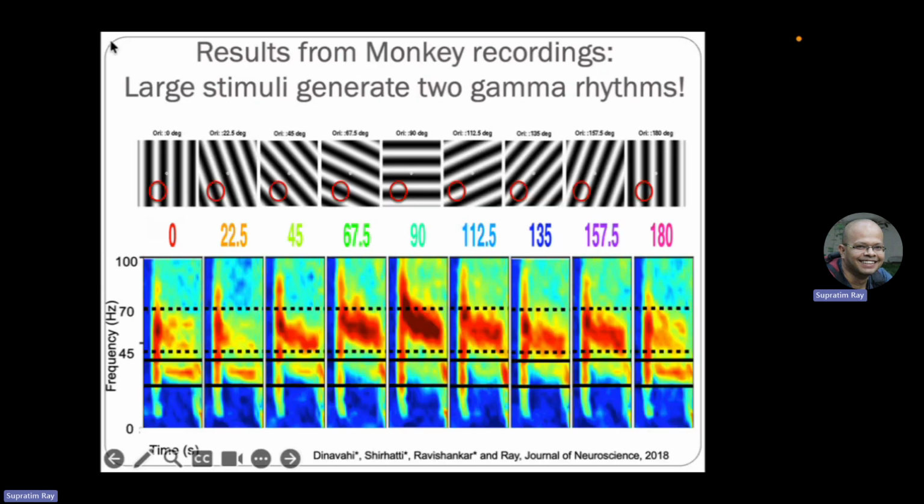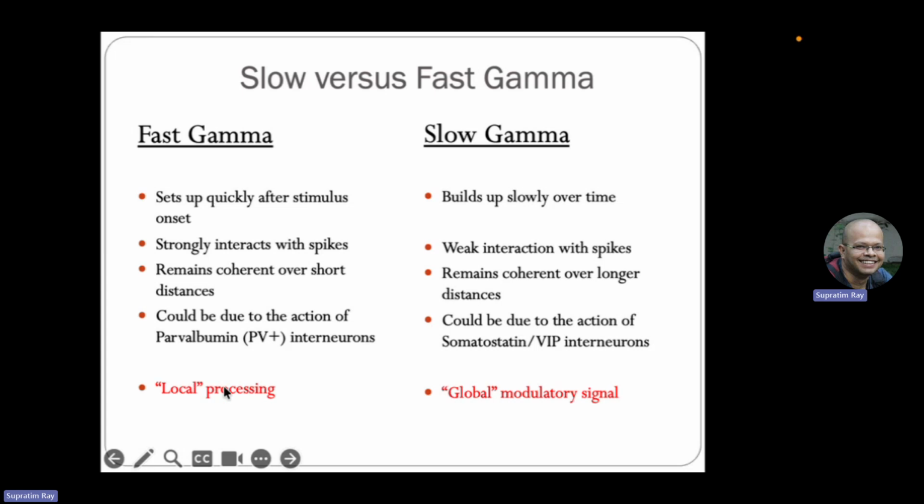As you change the orientation of the stimulus, you get different gamma responses. In fact, in this case, you have a slow and a fast gamma. This is fast gamma, this is slow gamma, which for some reasons we think indicate local and global processing. So this is where we had stopped in the last class.